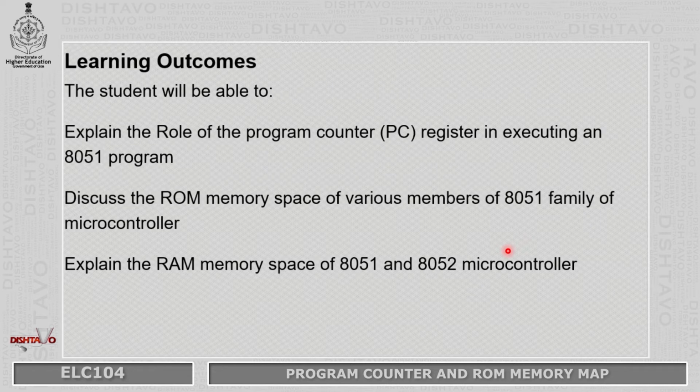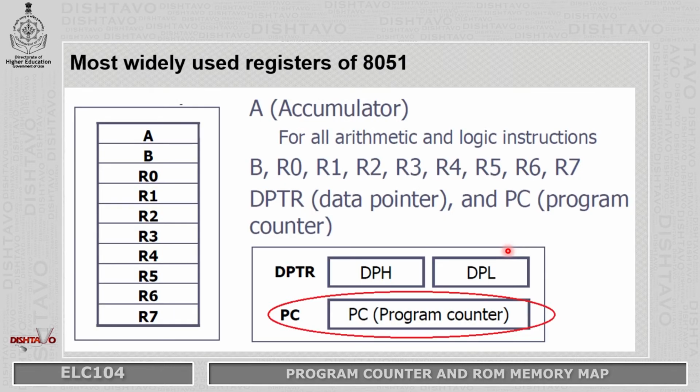After undergoing this course, a student will be able to explain the role of the program counter register in executing an 8051 program, discuss the ROM memory space of various members of the 8051 family of microcontrollers, and explain the RAM memory space of 8051 and 8052 microcontrollers.